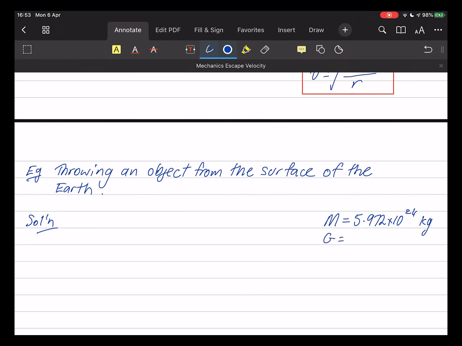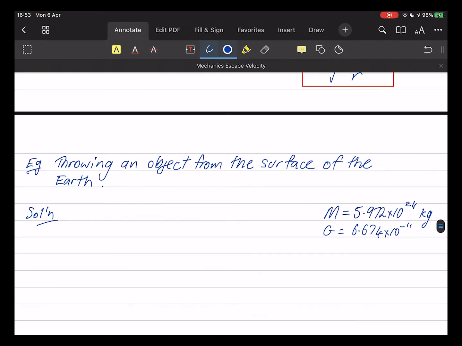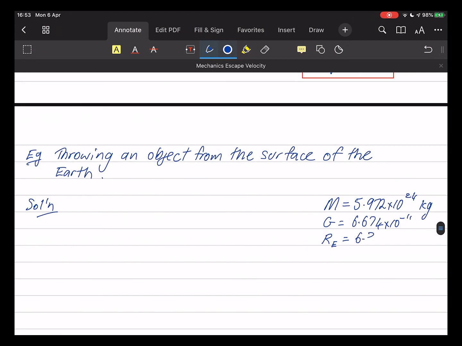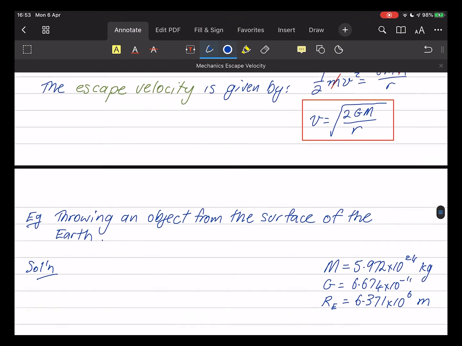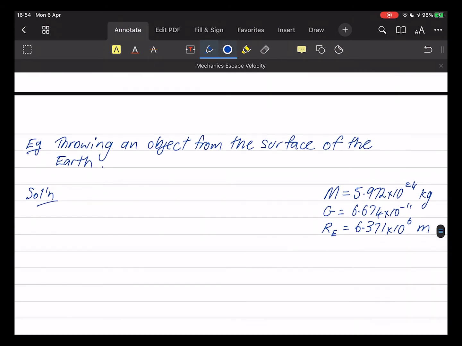I need the constant G, 6.674 by 10 to the minus 11. I'm from the surface of the Earth, so the radius of the Earth is 6.371 by 10 to the 6 meters. That's all I'm going to need, isn't it? Yeah, three constants.